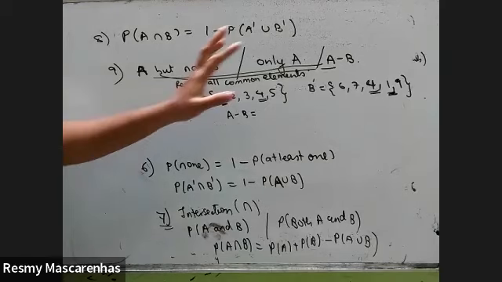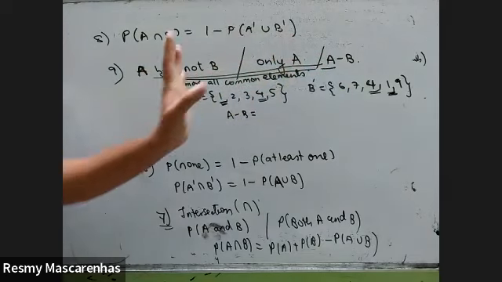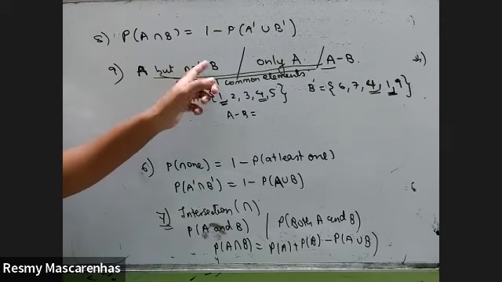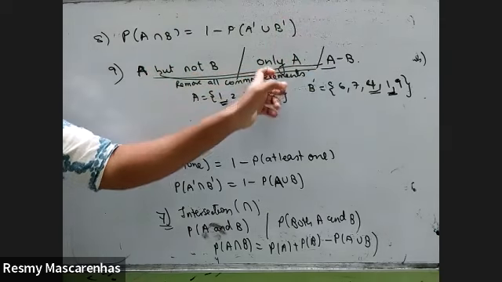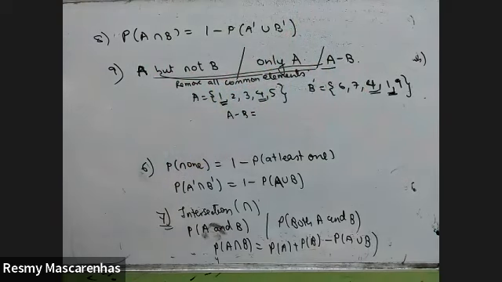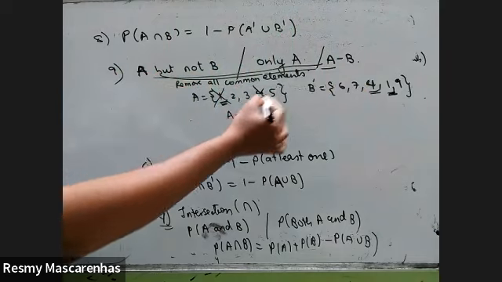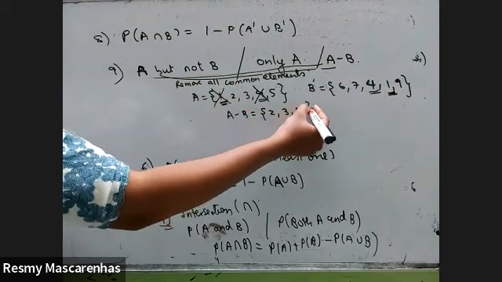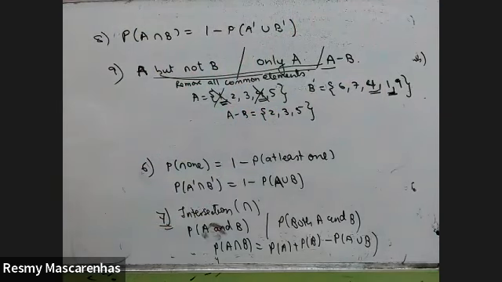Now A is upset with B. Now he doesn't want to keep anything which belongs to B, meaning anything common with B. So I want only A but not B. So B's things are discarded. Only A I want, purely A, whichever belongs to B I don't want. So what is going to happen? Whatever belongs to B is discarded. The remaining things are kept. So this is basically A minus B. Suppose I want to find B minus A.